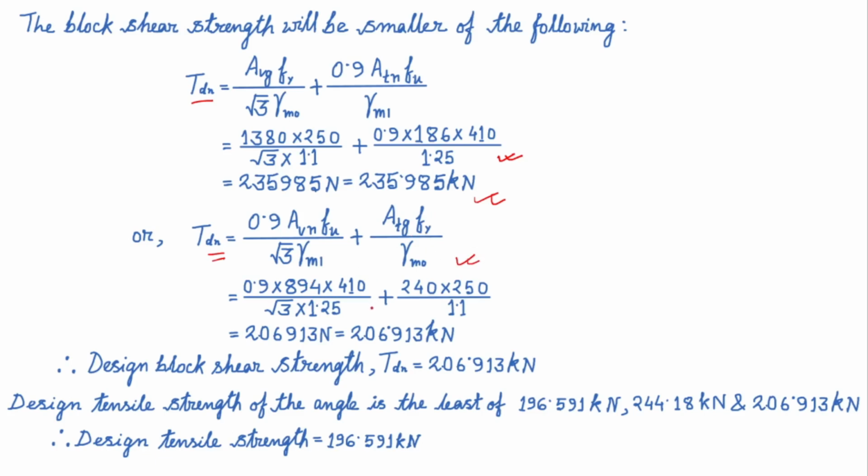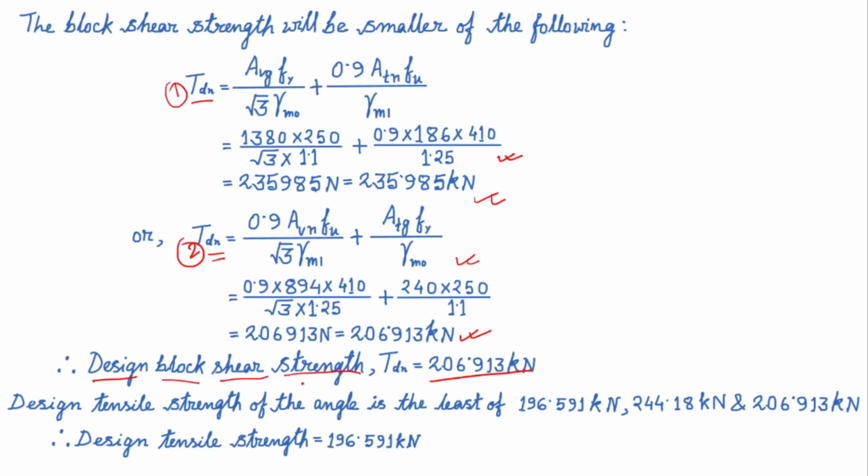If I put the corresponding values, we shall get 206.913 kilonewton. The least of these two values, 206, will be the design block shear strength of the angle.